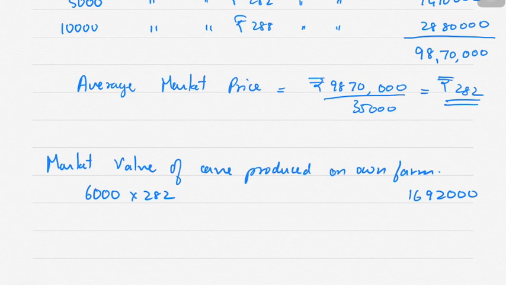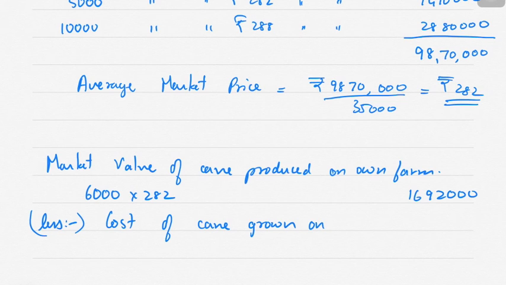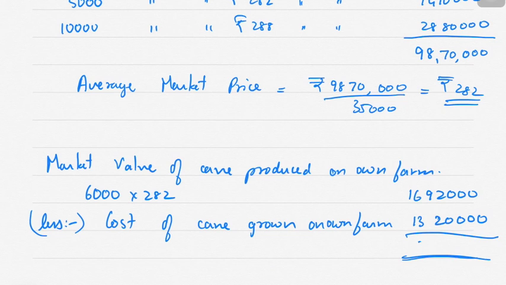Less cost of cane grown on own farm, it is 13,20,000. So 3,72,000 is the agricultural income.